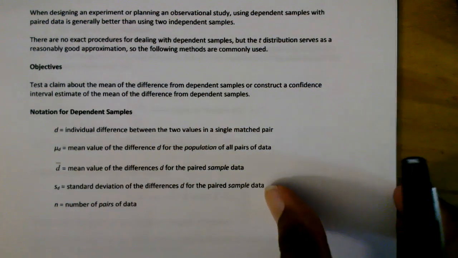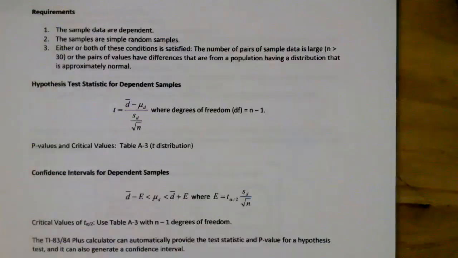Now, there are requirements for doing this, both for the confidence interval and hypothesis testing. Number one, the sample data are dependent. Okay, and they are paired together, so they are dependent. Number two, the samples are simple random samples, meaning samples of the same size have an equal chance of being selected.